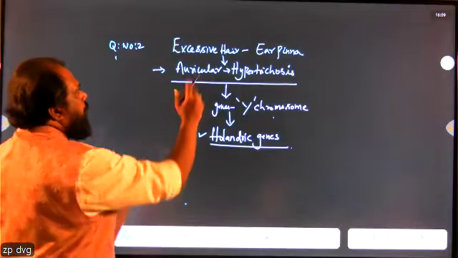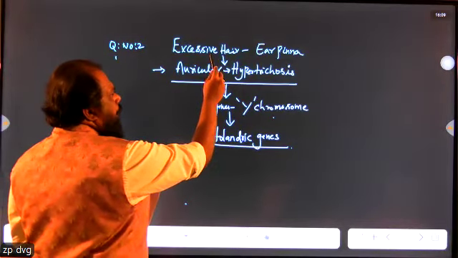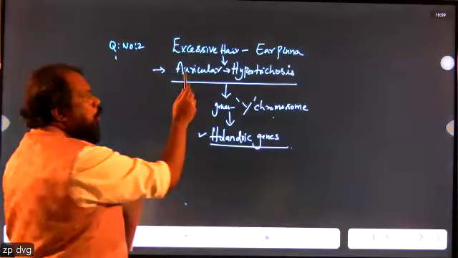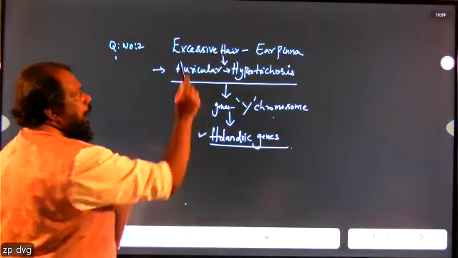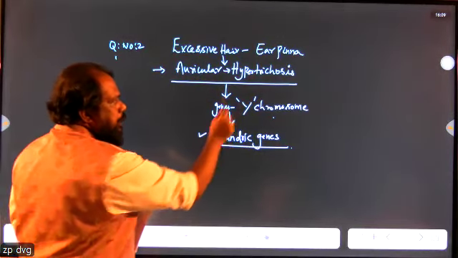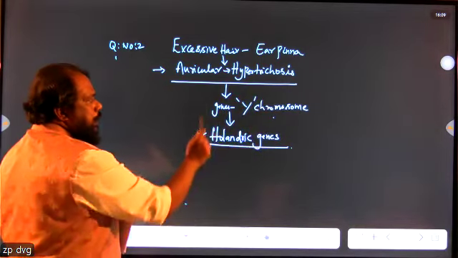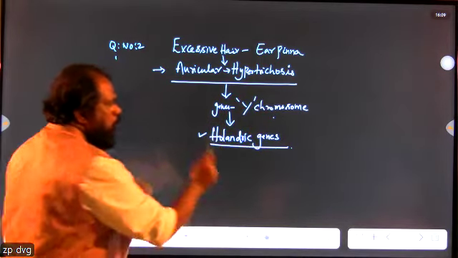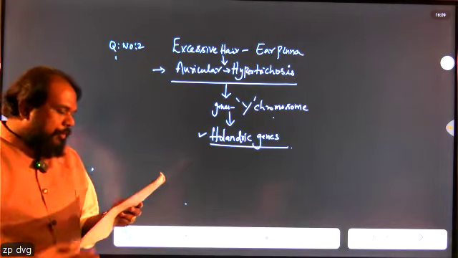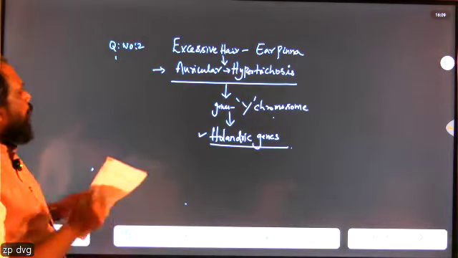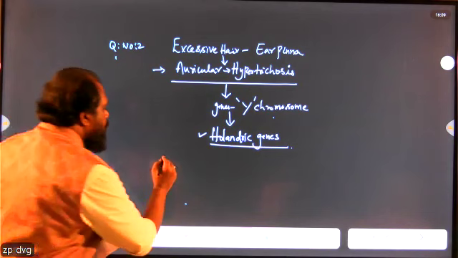So two terms we studied. Excessive hair in the ear pinna is called auricular hypertrichosis, and this is due to genes present only in the Y chromosome, called Holandric genes. So the answer for question number 2 is option 4.